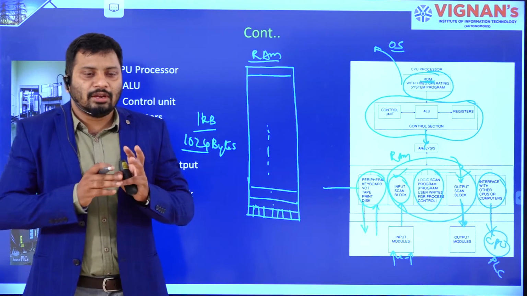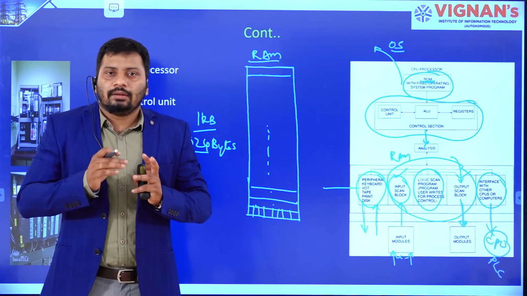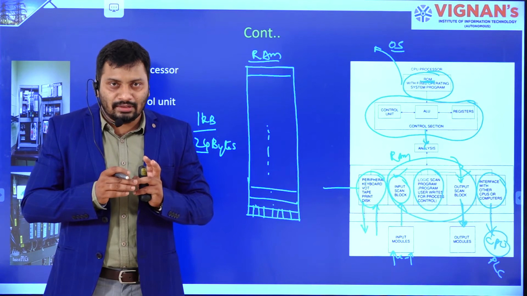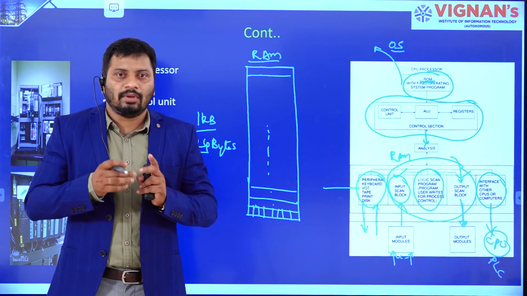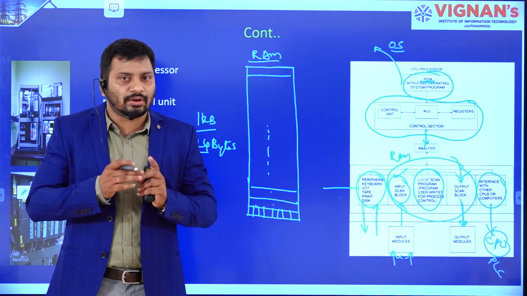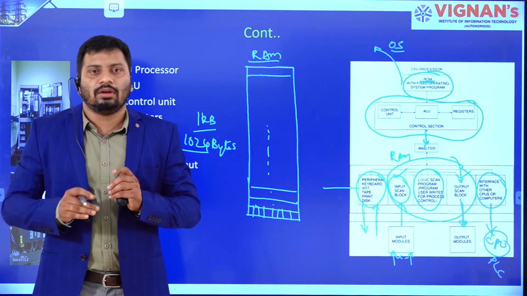So input data comes into the PLC through input modules, then the user program you wrote performs some task. After user program execution we get some output, and that output goes out through the output module to control the output device.